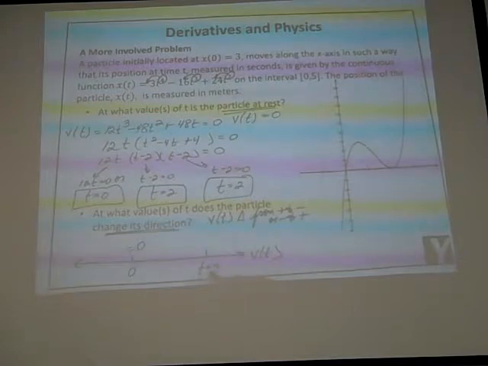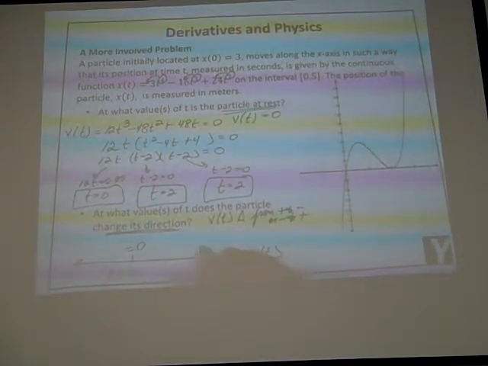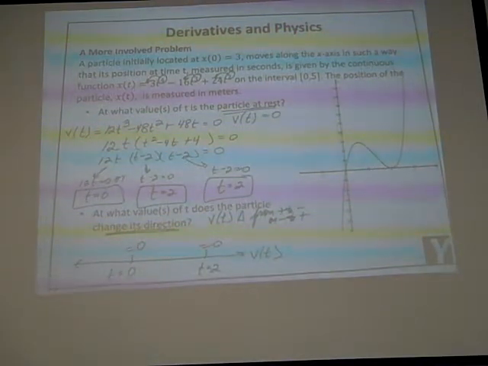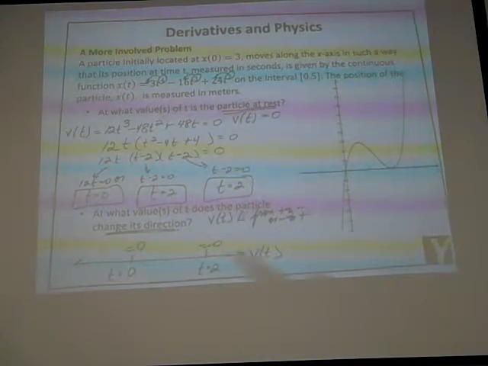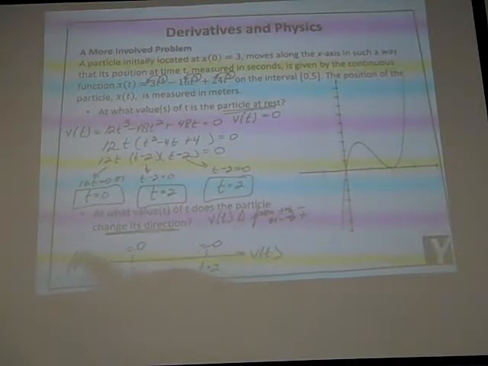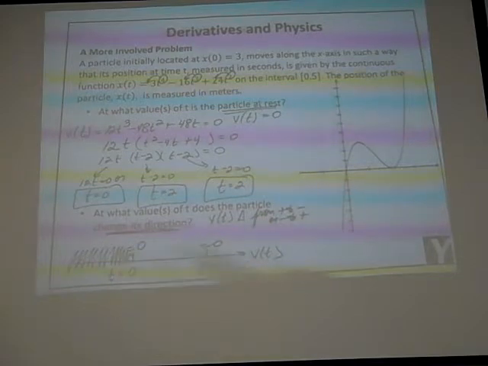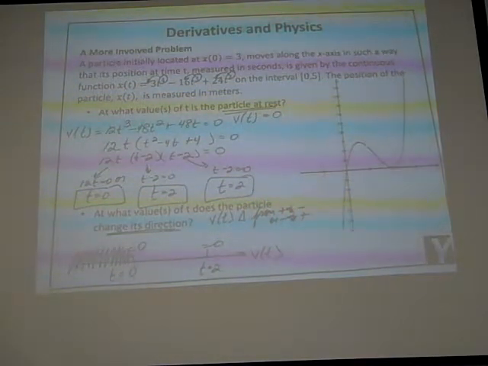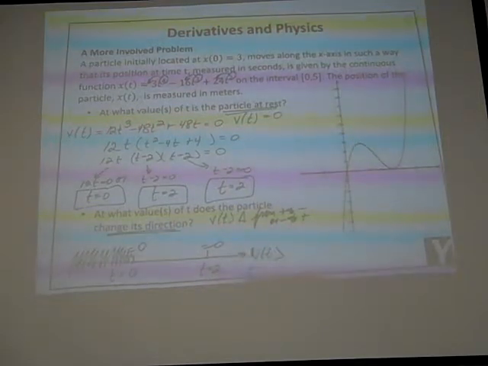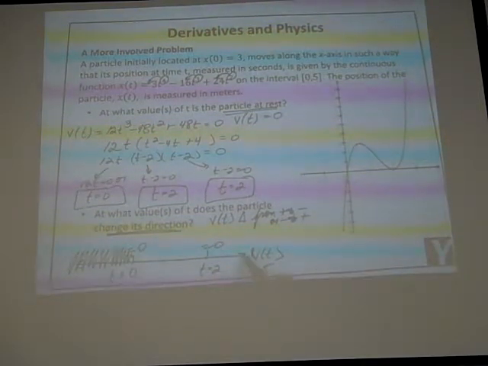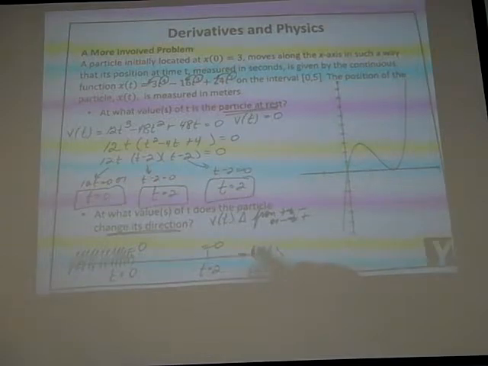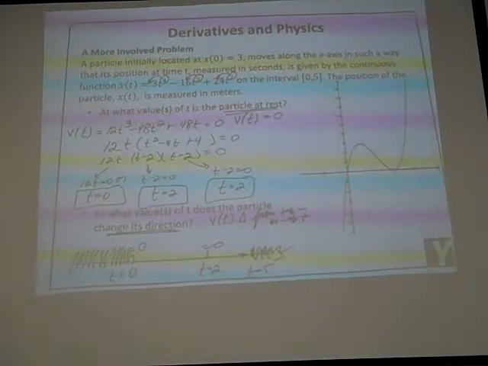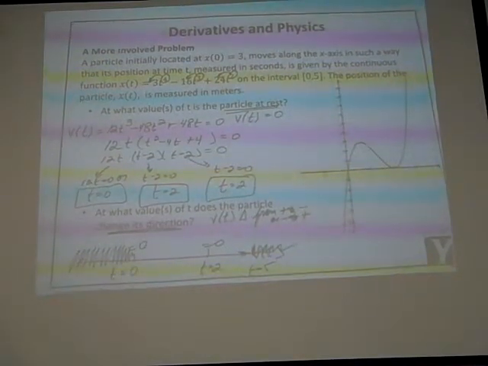At time t equals 2, the velocity is equal to 0. Furthermore, I'm only interested in the velocity of this particle between 0 and 5 seconds. So here's 0, right? Over here, t equals 5 is the end of our interval.